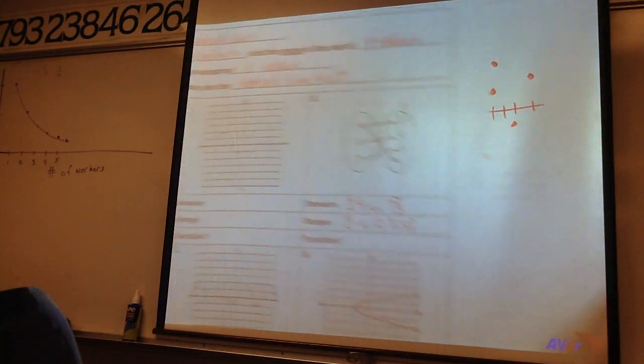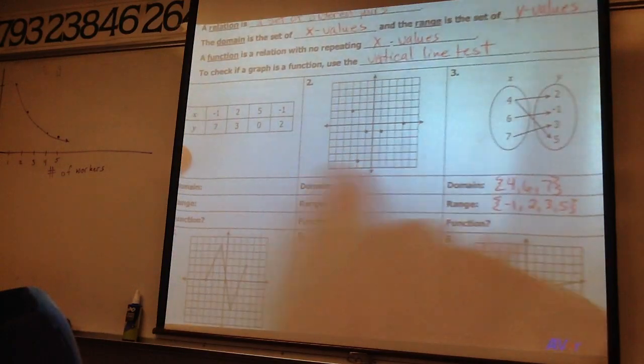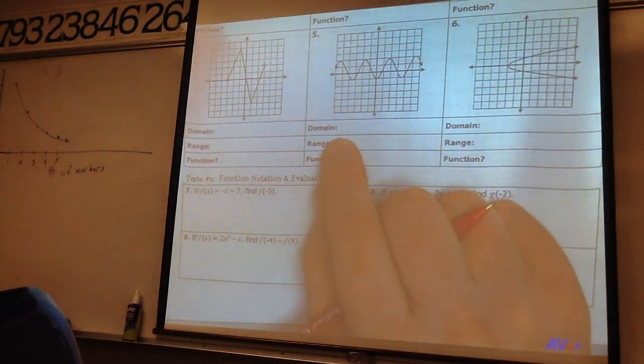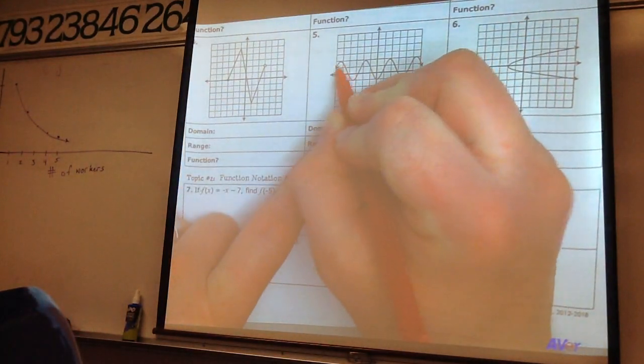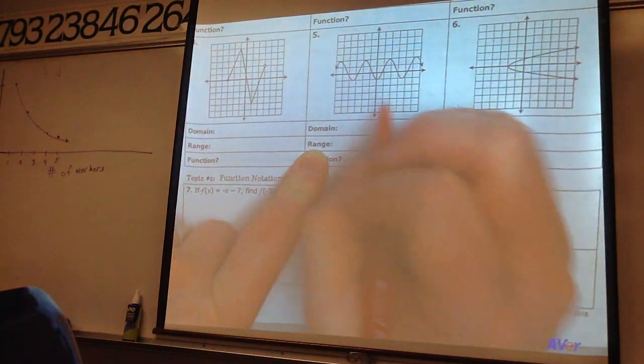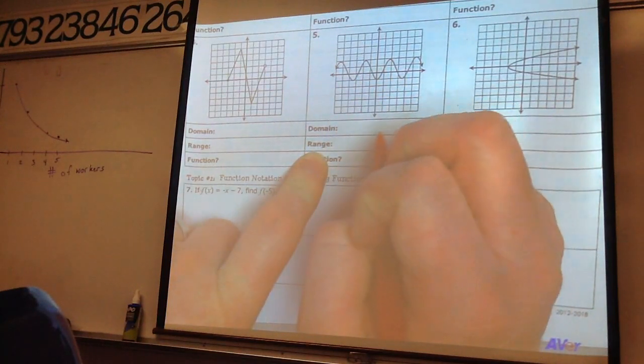On a graph where it's not just individual dots, the domain and range are a little different. On something like this, the domain is the set of all of the x values on this graph. Which x values does this graph hit?